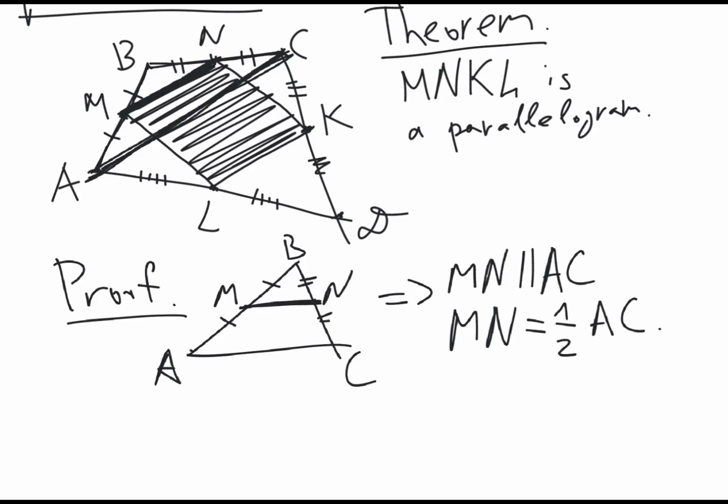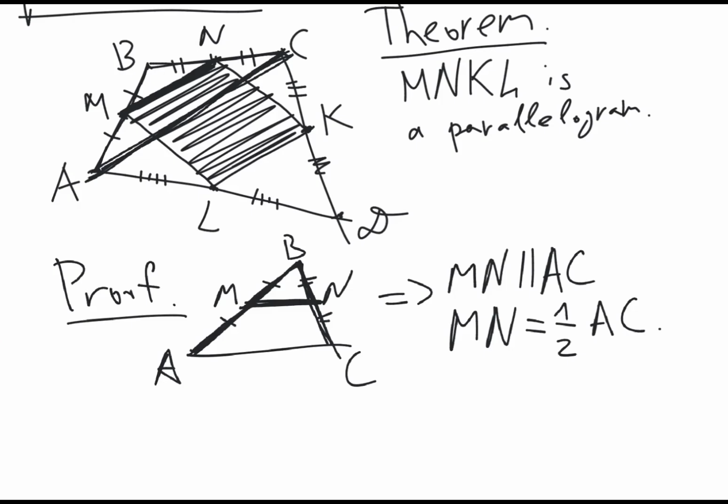This is simply because the triangles MBN and ABC are similar with the coefficient 2. Or another way to put it, if we consider homothety, scaling of the plane with the center B and with the scaling coefficient 2, then M maps to A and N maps to C, and the whole triangle MBN maps to the triangle ABC.